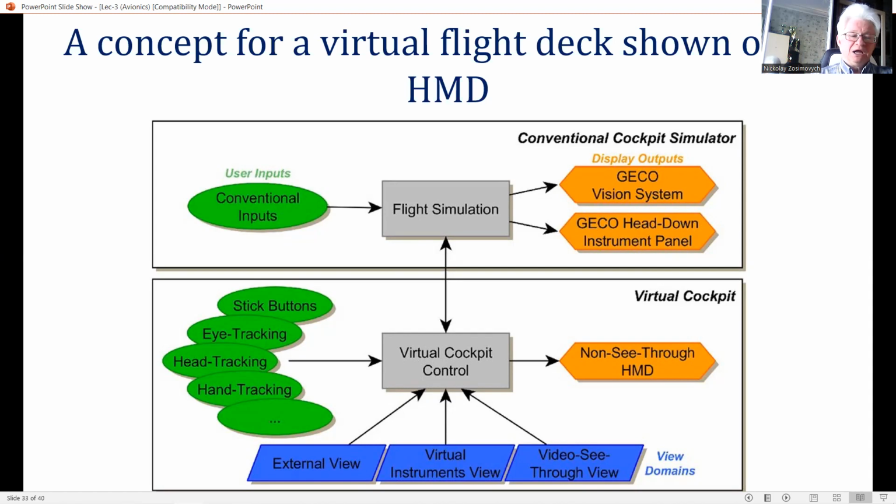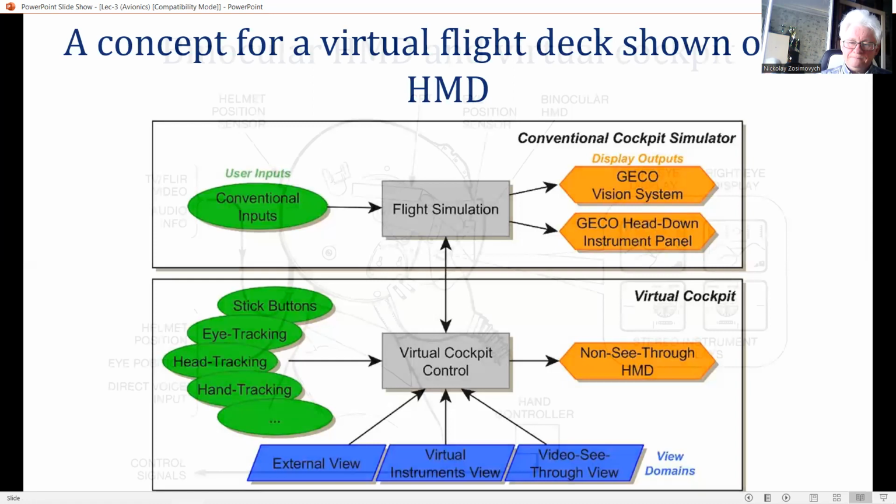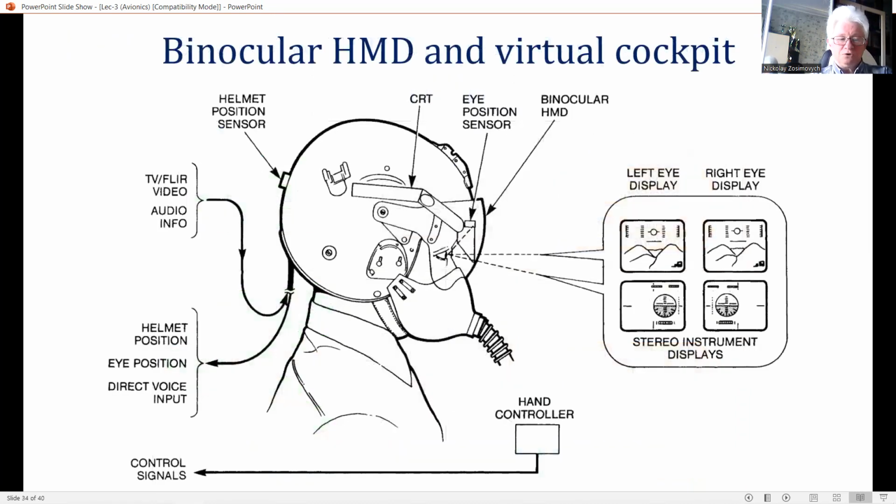As an example, information related to the outside world can be viewed head up, and information related to the mission and the aircraft health can be viewed head down using only one display system, namely the binocular HMD. This figure illustrates the use of a binocular HMD to implement such a system.